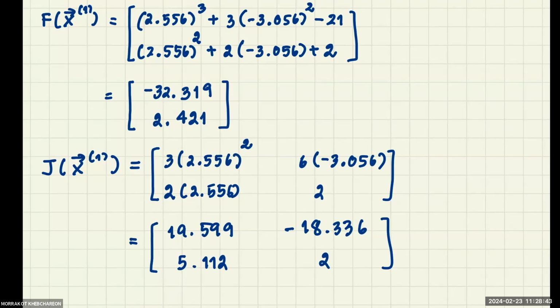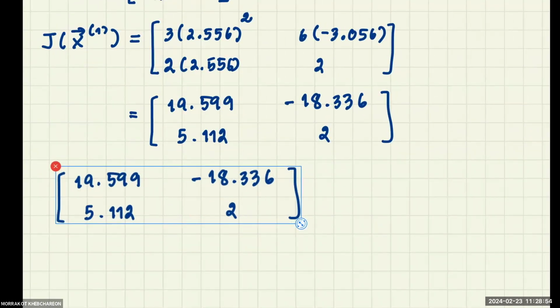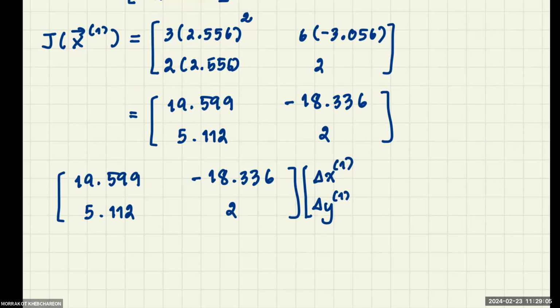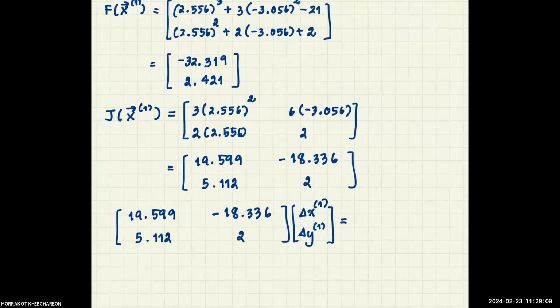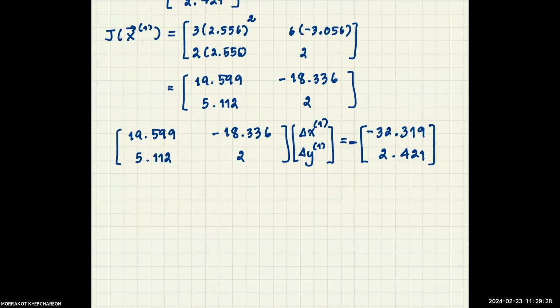So we solve this. Minus f. Okay, so this is how you do it, and you will solve and you will get delta x1, delta y1.